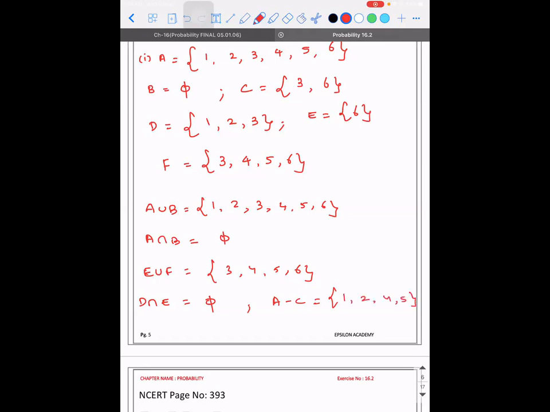Yes, because A minus C is the same as A intersection C dash. So they both are same.